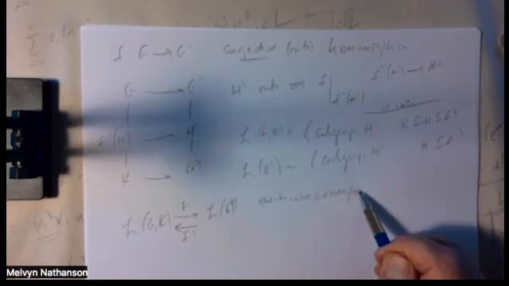And I claim that these functions are a one-to-one correspondence, or one-to-one and onto. This function is one-to-one, and it maps onto every subgroup here.